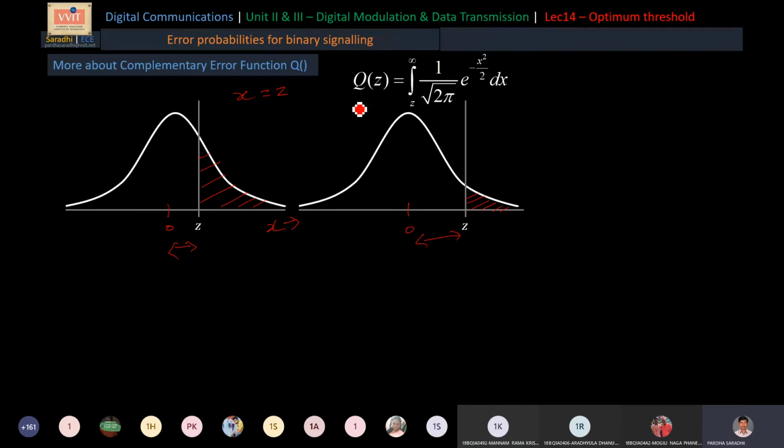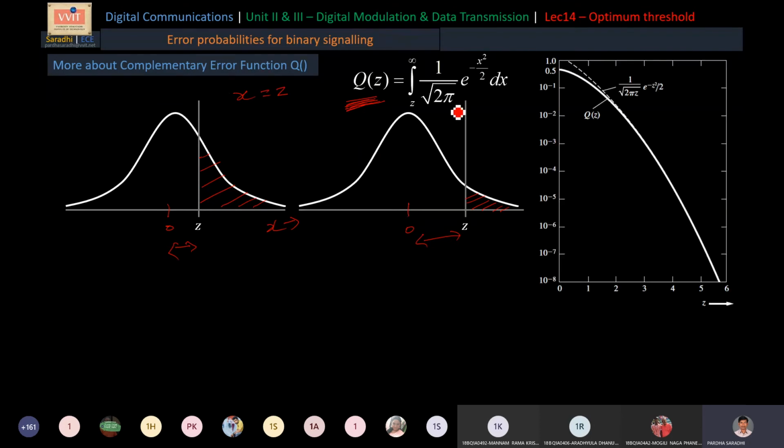So if I ask what this function is, is it monotonically increasing or monotonically decreasing? This function, the complementary error function, is a monotonically decreasing function of z. Whatever lower limit of integration is there, whatever location you are concentrating upon, as that increases, the complementary error function value decreases.